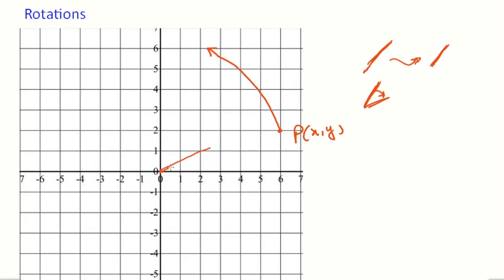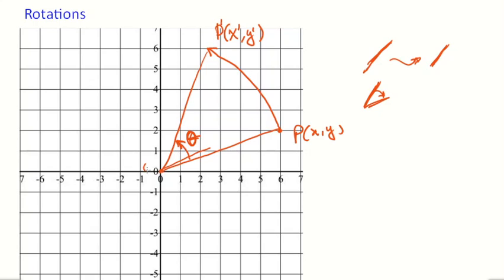If I measure this angle here, it's positive counterclockwise. So this would be my positive angle, theta, that rotates my point P(x, y) into P'(x', y').